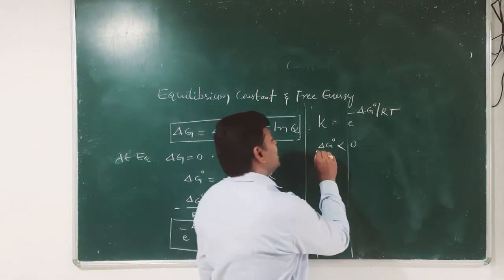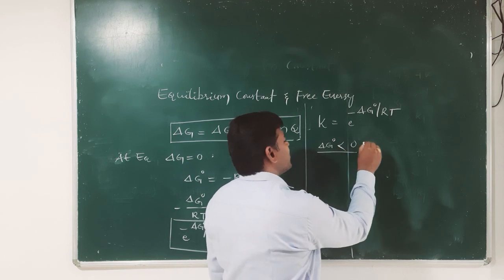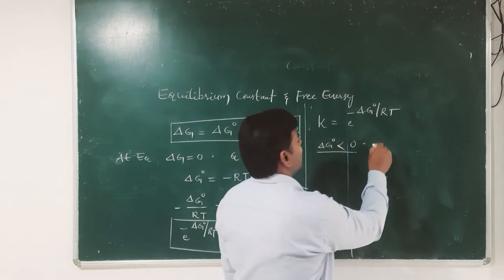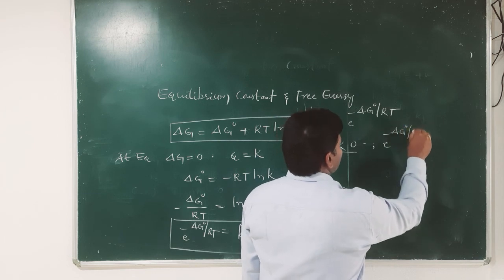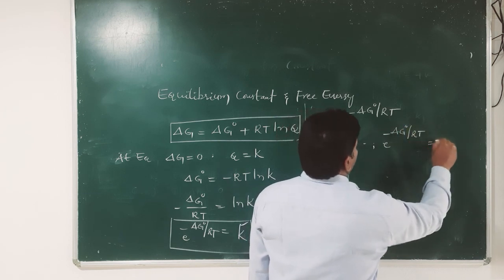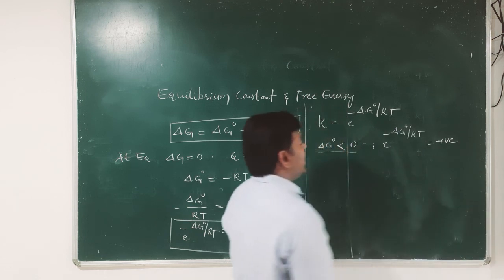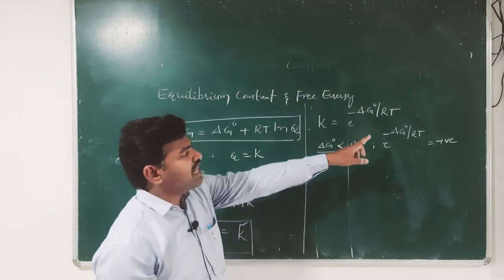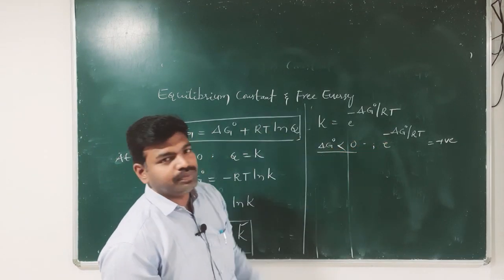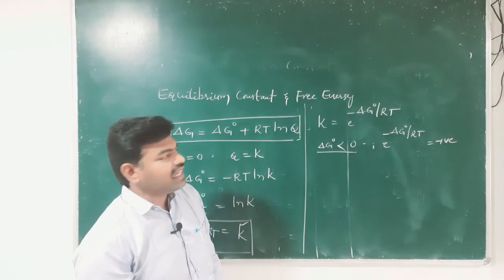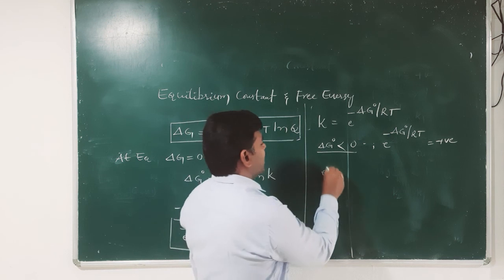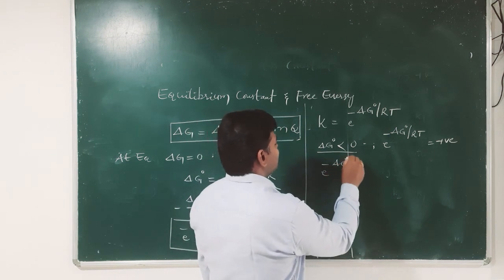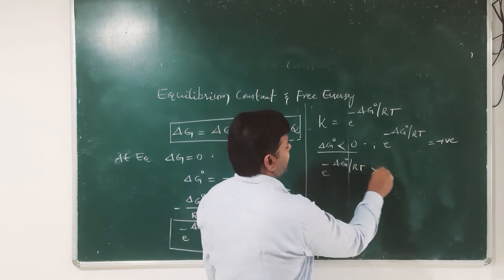So, delta G naught is a negative value, then e power minus delta G naught by RT is positive, that is e power minus delta G naught by RT is greater than 1.